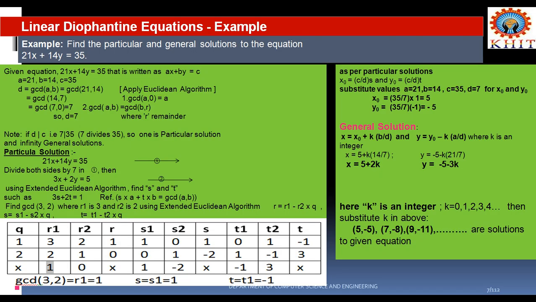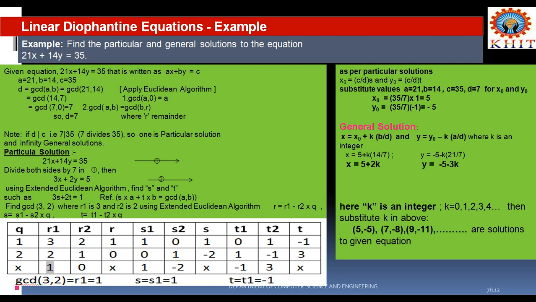This is an example for solving using the formula. For example, solve the linear Diophantine equation 21x plus 14y is equal to 35 using the extended Euclidean algorithm.